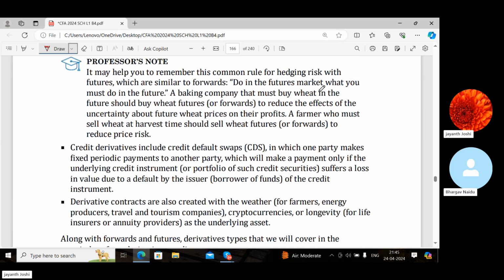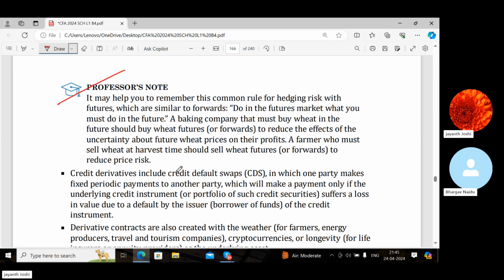And just go for this example, Bhargav. What is this example all about? Please tell.